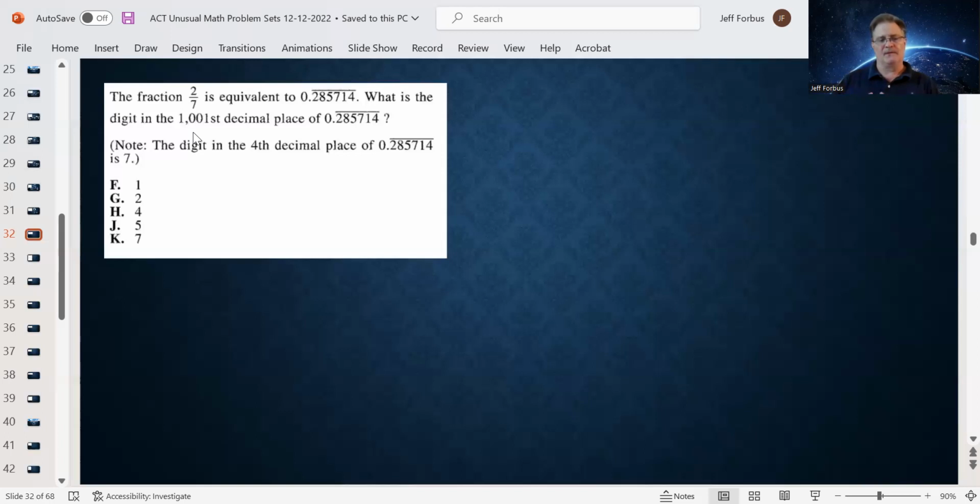This really reverts back to doing elementary math, fundamental things like simple division. So let's figure this out. They tell us 2/7 is equal to 0.285714.